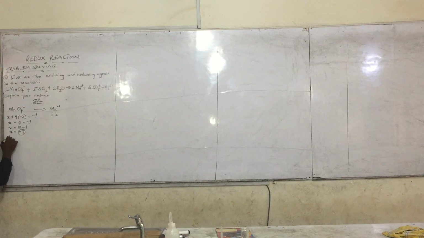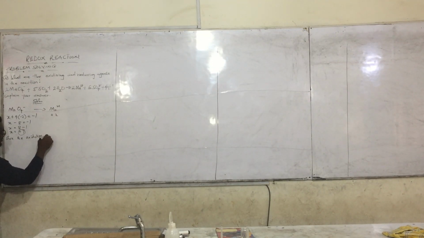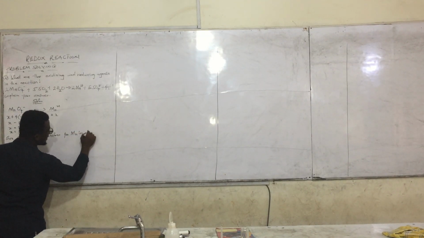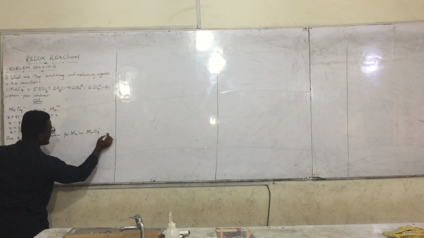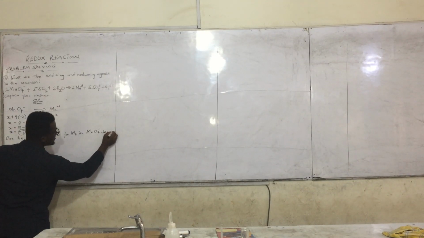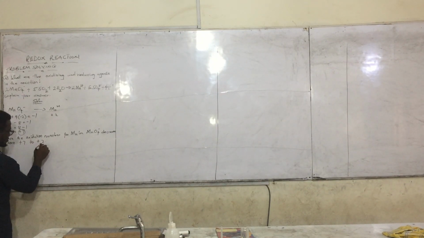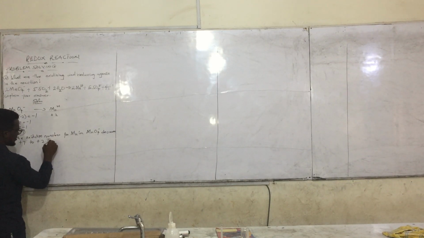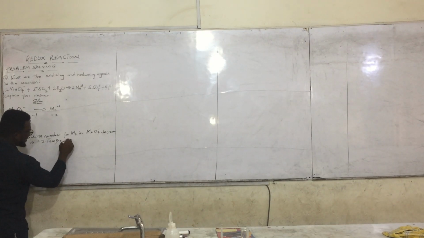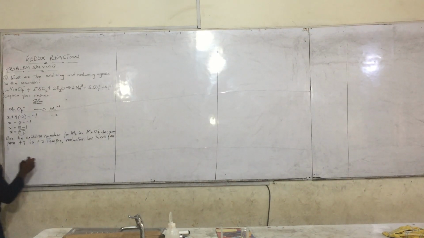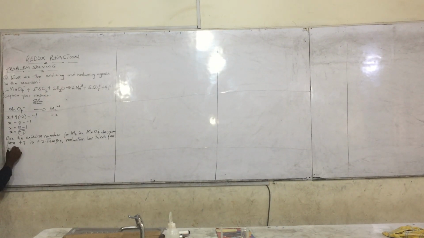So we can say that since the oxidation number for Mn in MnO4 minus decreases from +7 to +2, therefore reduction has taken place in Mn.